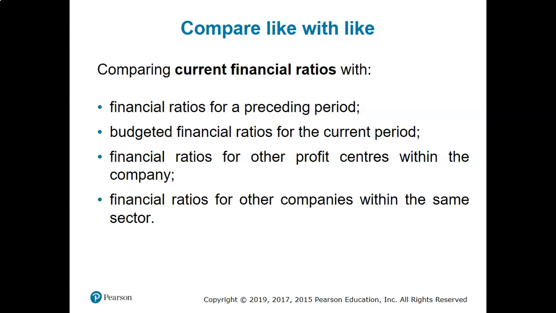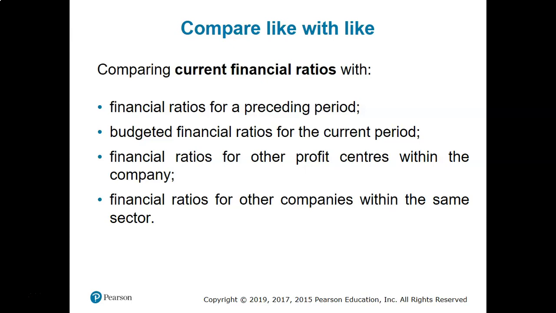So what we can do, we can compare the financial ratios of a company, of a firm, with the financial ratio of that firm in a preceding year, preceding period. So if we calculate the financial ratios, for example, 2020, and then you can compare with the ratio with 2019, 2018.